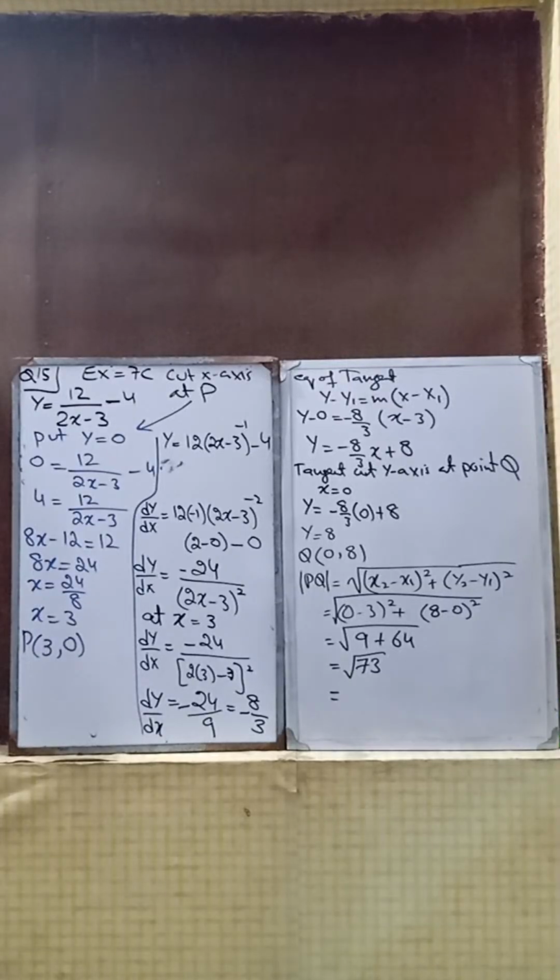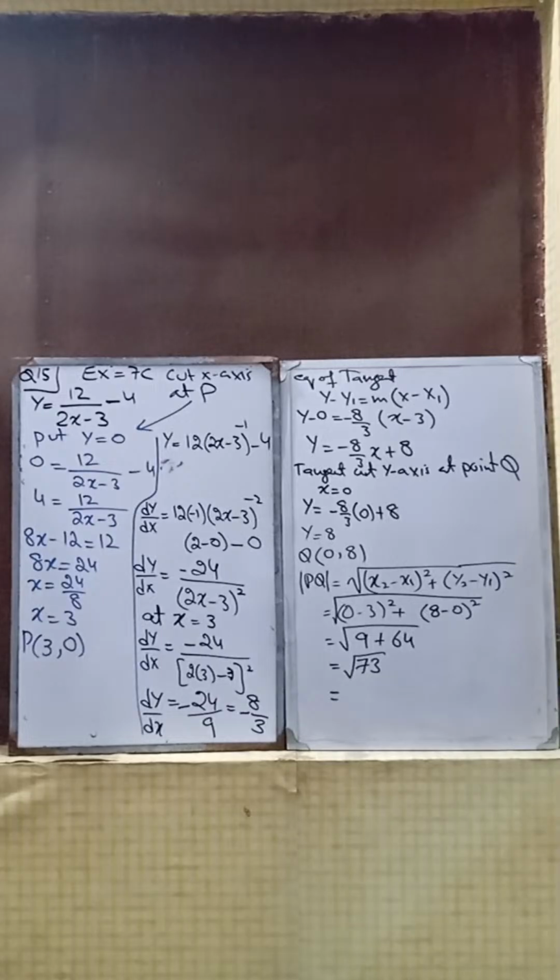And we found the equation of the tangent. Then they said the tangent cuts the y-axis at the point Q. So when the tangent cuts the y-axis, the x will be 0. So in the equation of the tangent, in the place of x, I put 0. So from there, I found the value of the y. So the coordinates of the point Q are (0, 8).